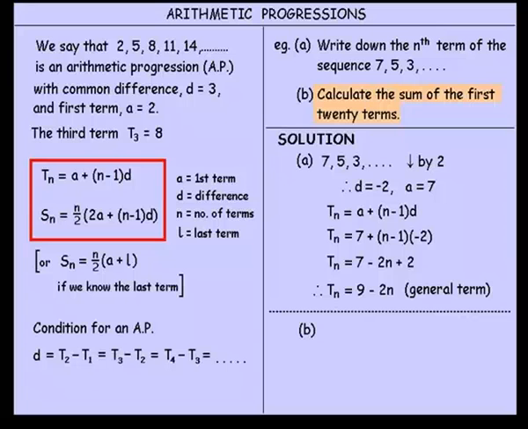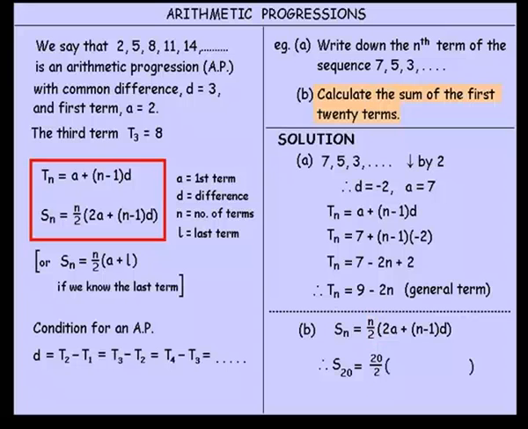Part B. Calculate the sum of the first 20 terms. Well, we're talking about the sum, so we're looking at the sum formulae. So we write Sn equals n on 2 outside of (2a plus (n minus 1) times d). So firstly, we're talking about the sum of 20 terms, so we write S20 equals n on 2, where n is 20, so we have 20 on 2.